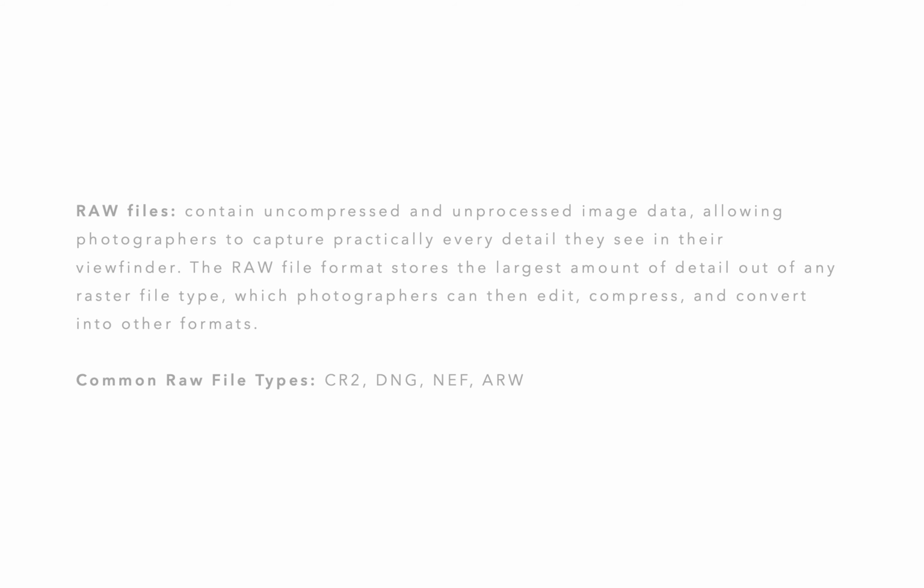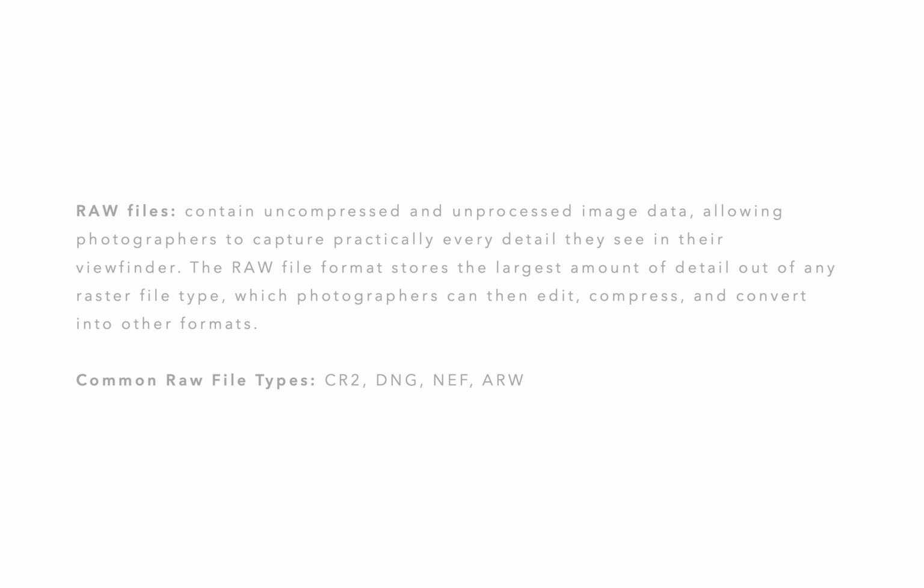Now within bitmap files, we have a range of different options. Raw files contain uncompressed and unprocessed image data, allowing photographers to capture practically every detail they see in their viewfinder. The raw file format stores the largest amount of detail out of any raster file type, which photographers can then edit, compress, and convert into other formats.